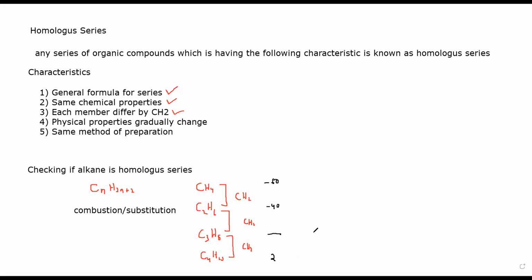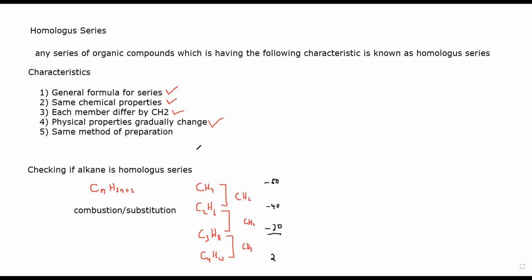It will be about minus 20. So we can predict the physical properties because it's a similar change. It's not exactly minus 20; for these types of questions you will find a range of answers, because some students might think minus 22. But that is how you can predict the boiling point of these organic compounds. So physical properties gradually change. That is a tick also.